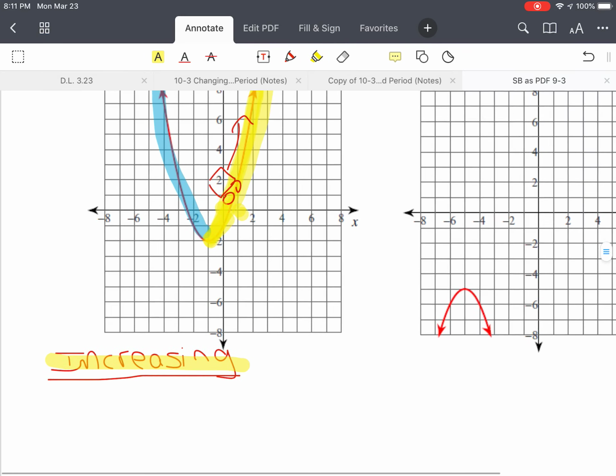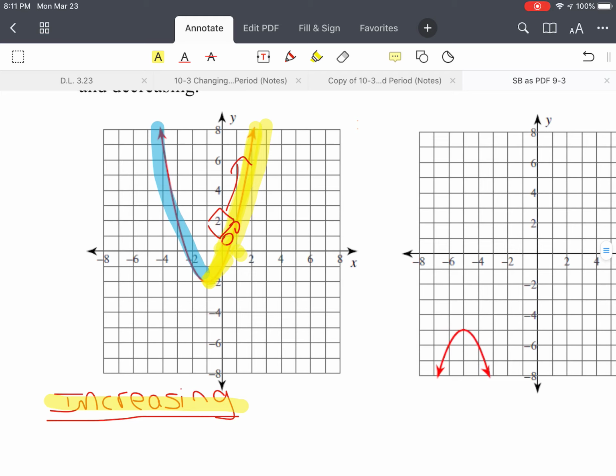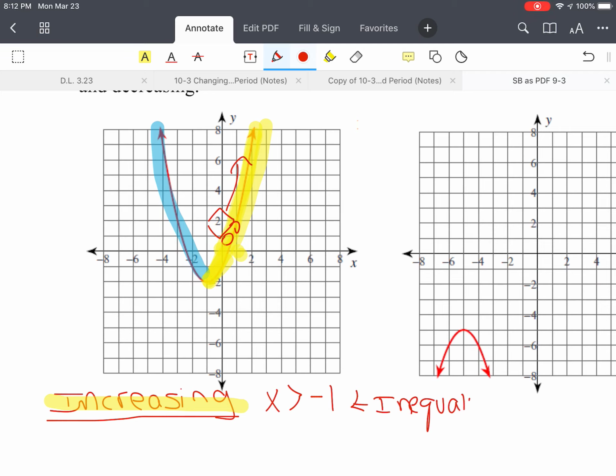So that really means I'm going to be increasing from when x is -1 all the way to infinity. So the way we can write that is x is greater than -1. I'm going to be increasing that entire time. We know that that's called an inequality, just to kind of refresh your memory.